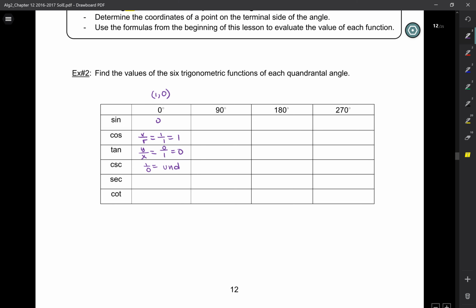Secant is 1 over the cosine, 1 over 1, so it's 1. Cotangent is the reciprocal of tangent, 1 over 0, which is undefined. Are we okay?